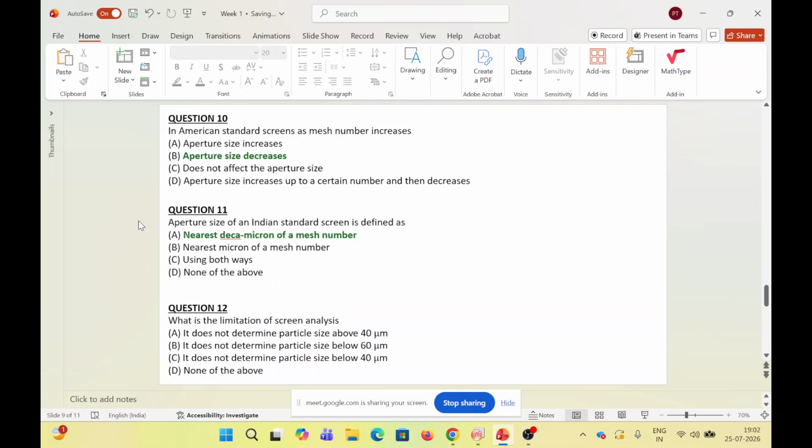Next question. What is the limitation of screen analysis? When they say screen, it's a synonym for sieve. So both are the same only. Screen analysis, sieve analysis. So what is the limitation?